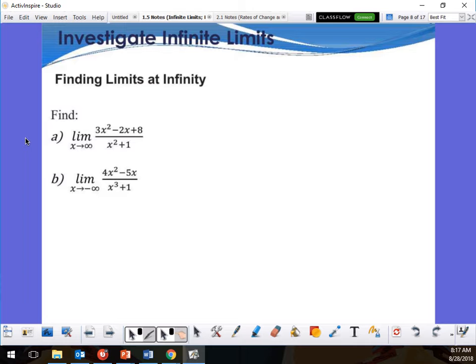So now we're going to look at the leading coefficient for the highest degree. What's the degree of the top? 2. What's the degree of the bottom? 2. That means it has an exponent squared, right? So now, when they are the same, I only need to look at this, because what is infinity plus 1? It's really nothing.